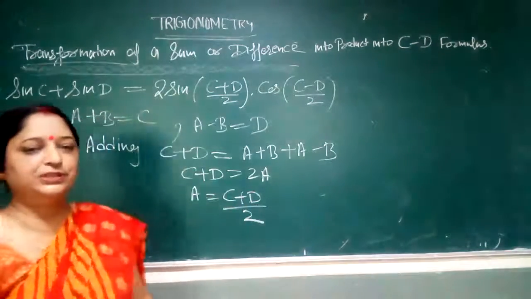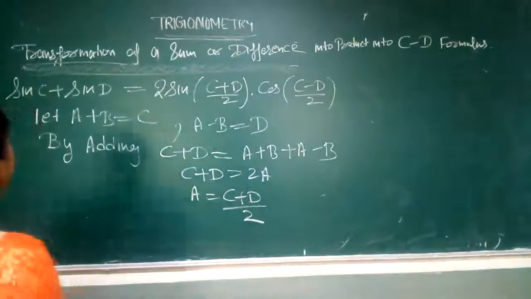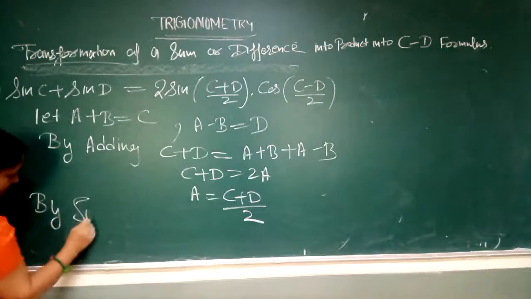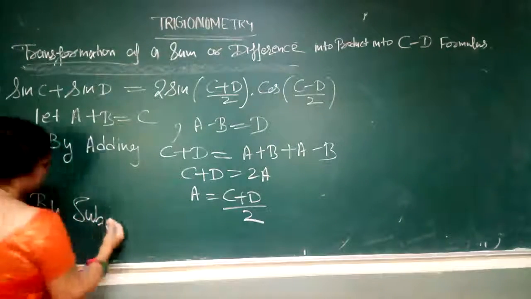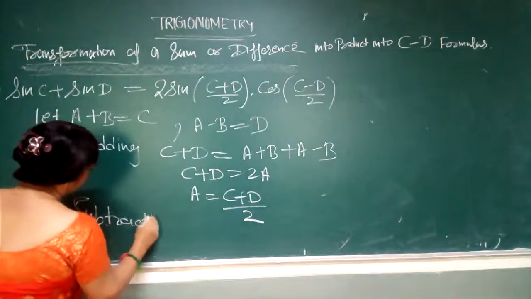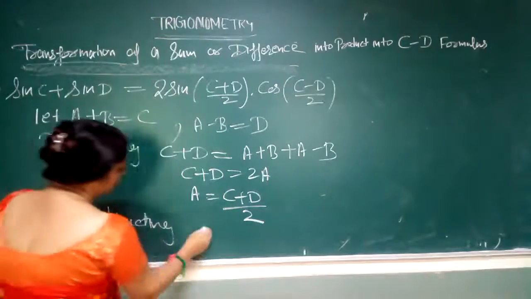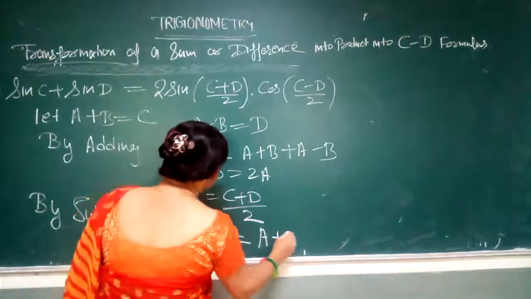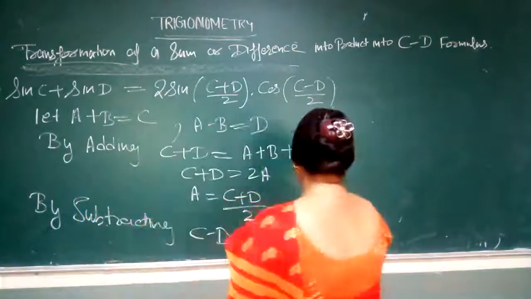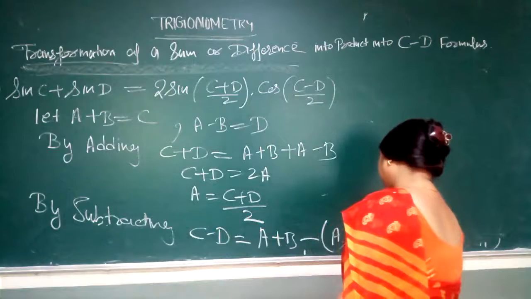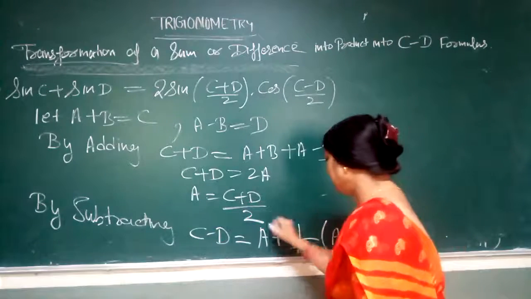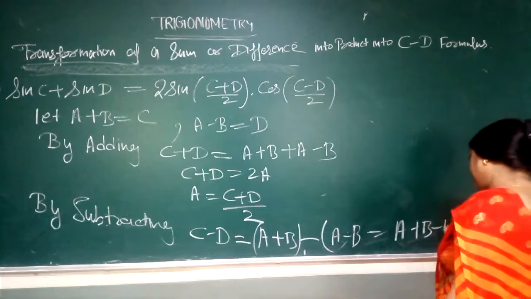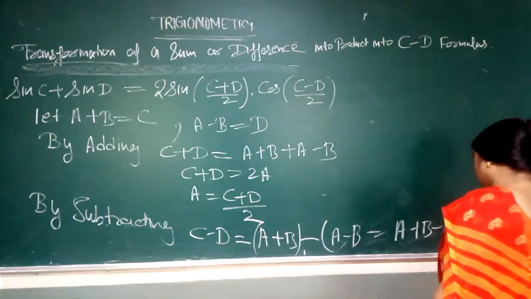After that we will put this value of A and B. Now by subtracting these two terms, C minus D equals A plus B minus A minus B. So A is cancelled.